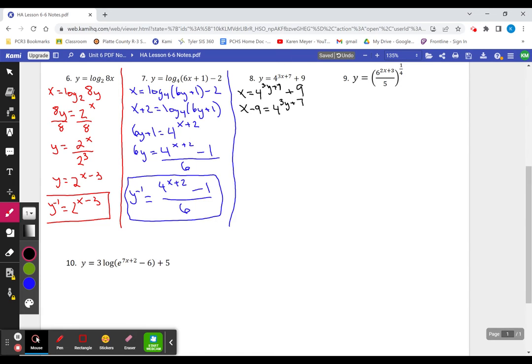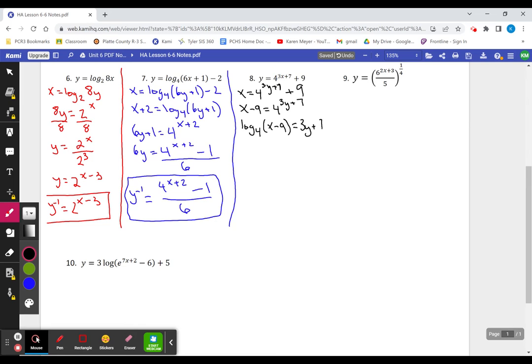Now, this time we are in exponential form, so we're going to rewrite this one into log form. So log, and then my base would be 4. And then the argument is x minus 9. I'm going to put that in parentheses so I keep that group together because that was all on one side. And then we're going to have equals the exponent, which is 3y plus 7.